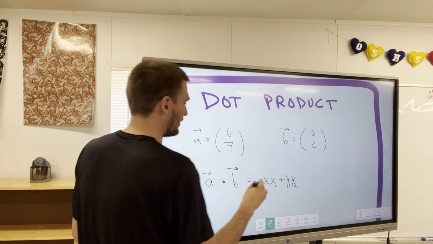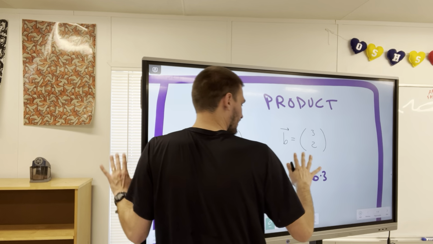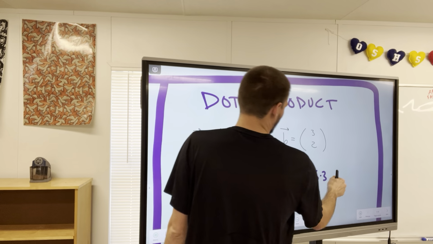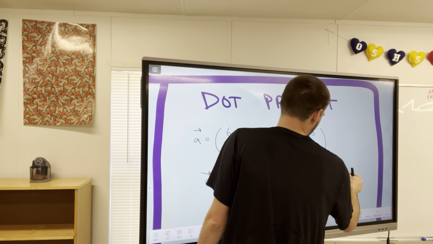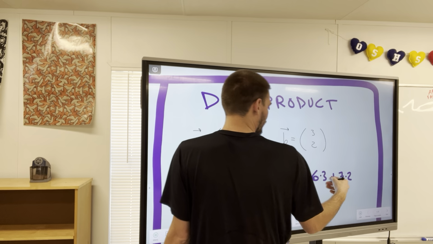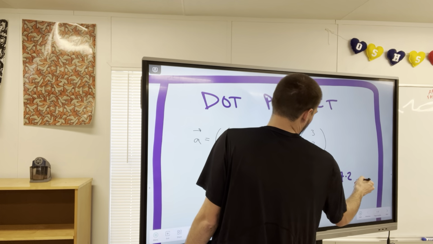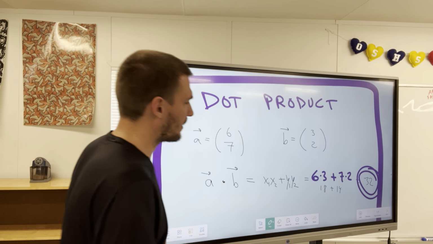So for this exact equation, it would be 6 times 3, which makes 18. You would add that to 7 times 2. You just do PEMDAS, so make sure you multiply first. 18 plus 14, final answer, 32.